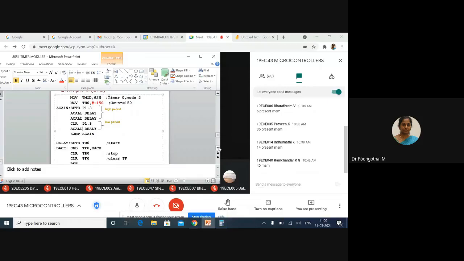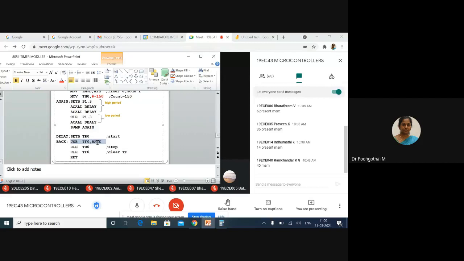So in the delay routine, the logic is once after setting your P1.3, you have to start the timer, monitor the overflow flag continuously. When overflow flag is set to 1, stop the timer, clear the overflow flag and return back to the main program. So that is the logic involved in your delay. So we are not using any count register here. Your timer concepts will be involved in your delay routine.